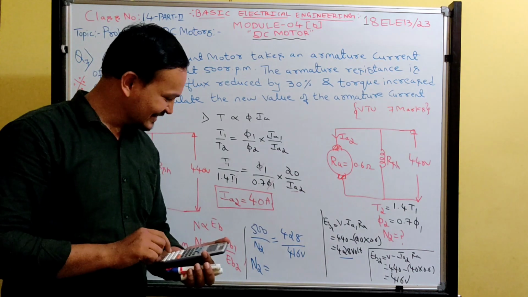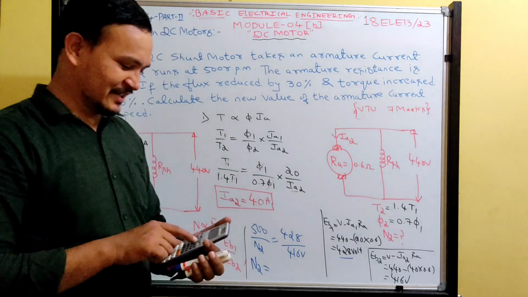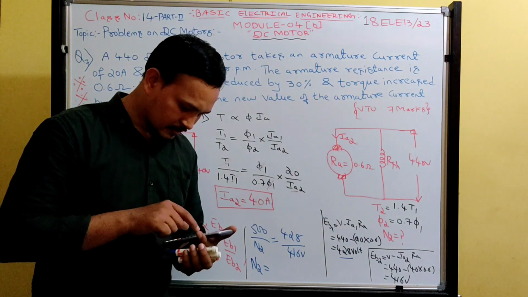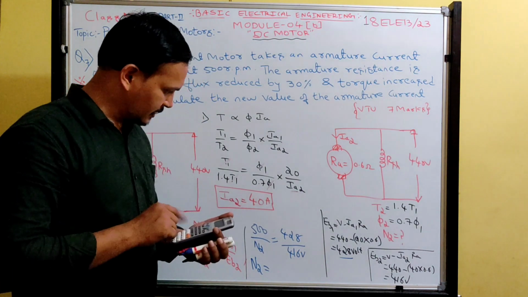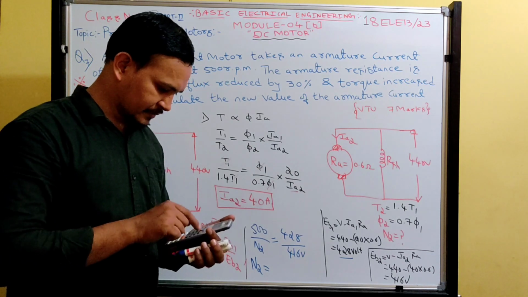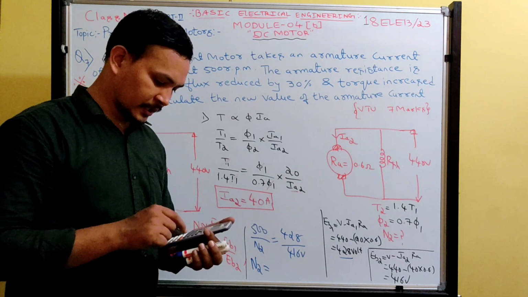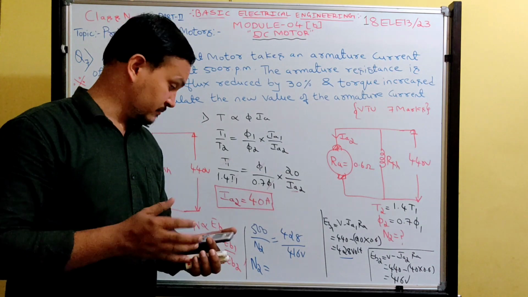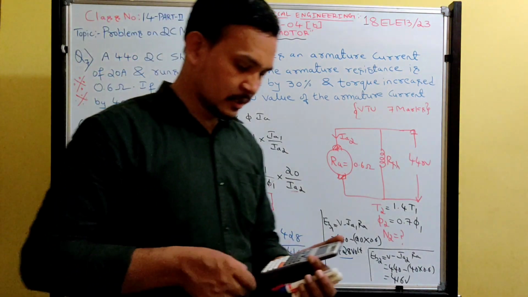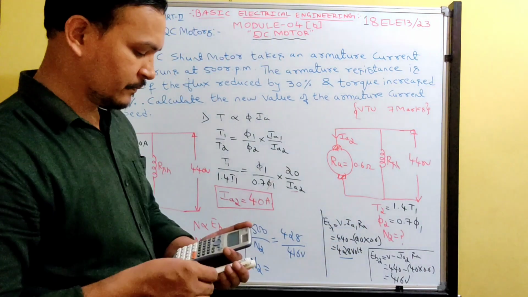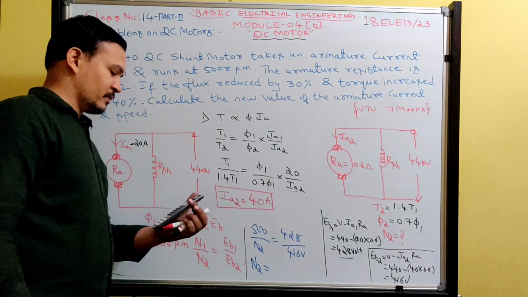So 500 divided by some unknown parameter, multiplied by 428 divided by 416. By solving this, I got some answer.